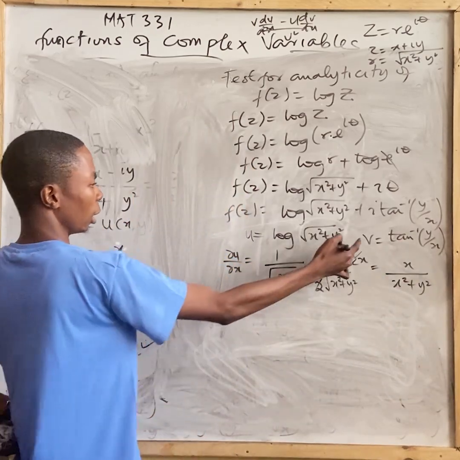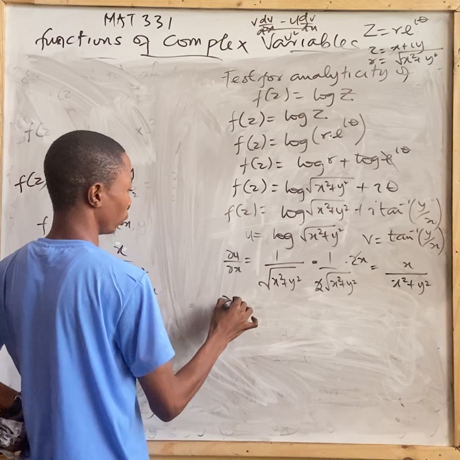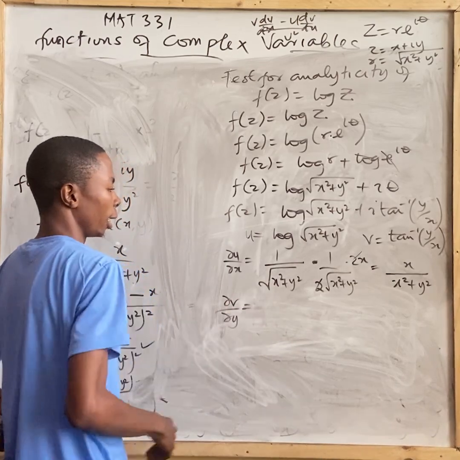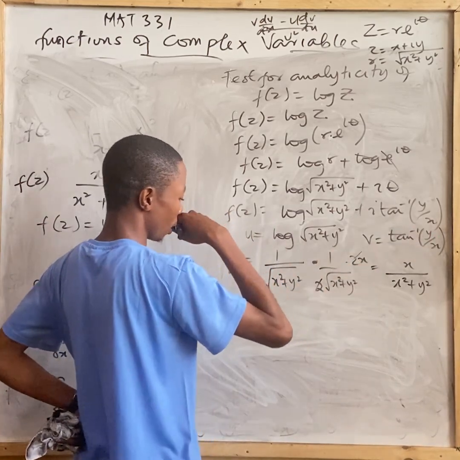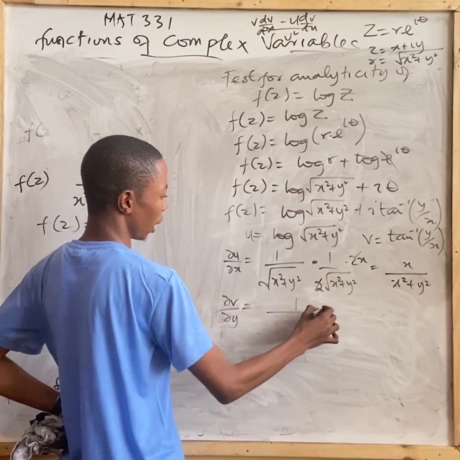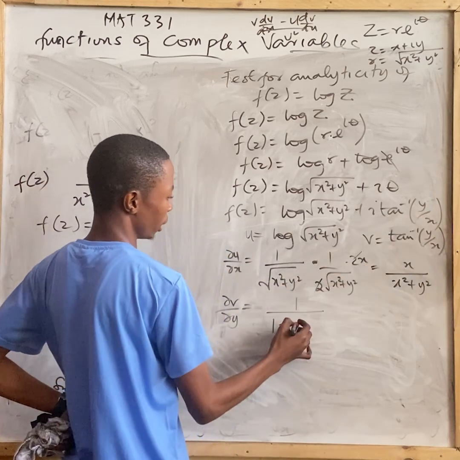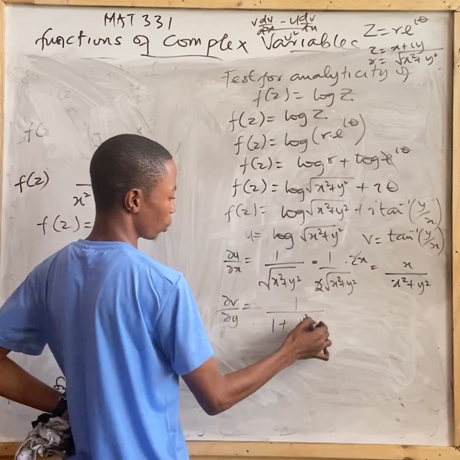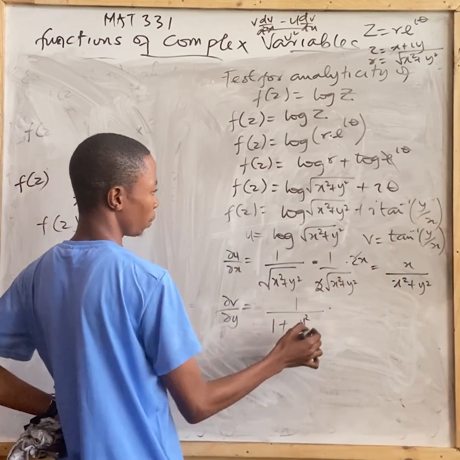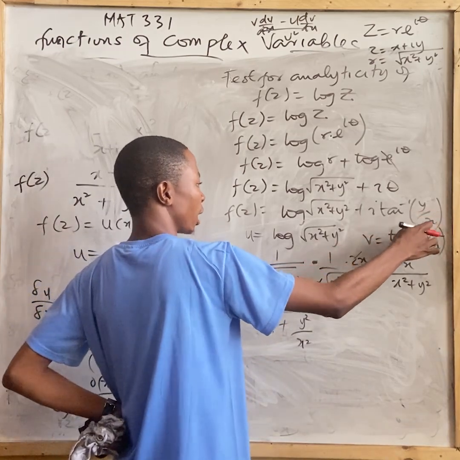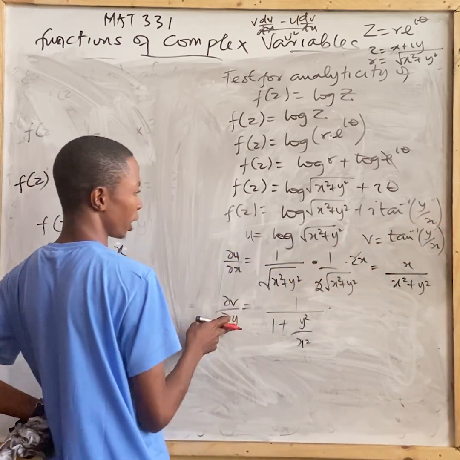Then I will also differentiate the other one with respect to y. I will differentiate tan inverse. Don't forget, differentiating tan inverse gives 1 over 1 plus the square of that thing we are differentiating: 1 over 1 plus y squared over x squared. Multiply by the derivative of y over x partially with respect to y.